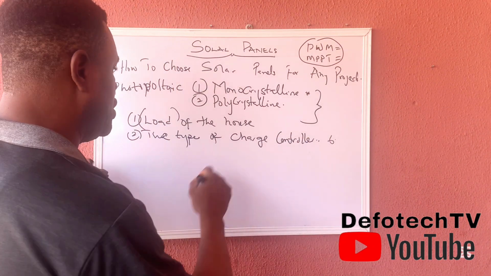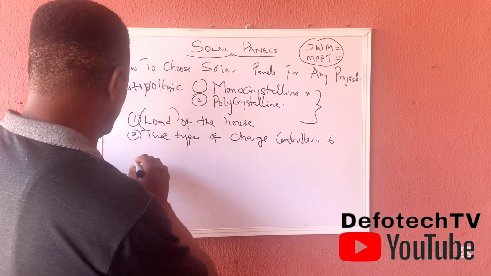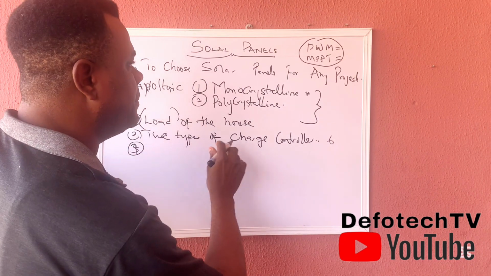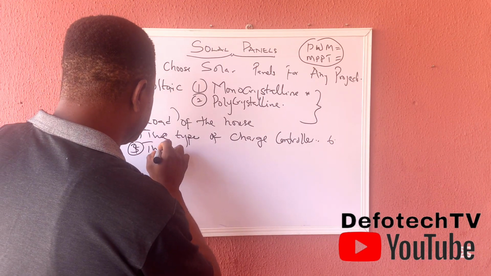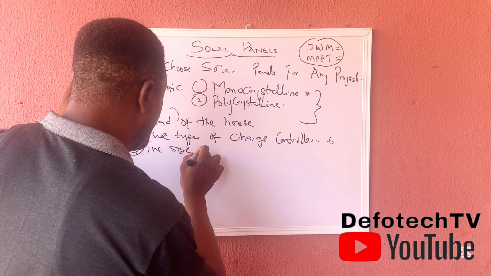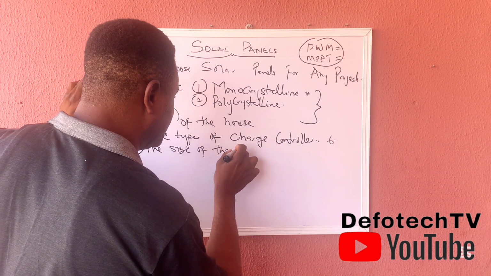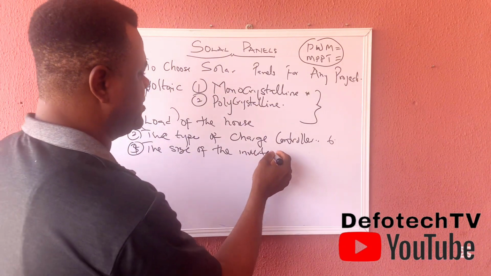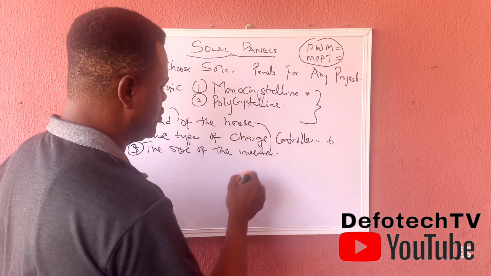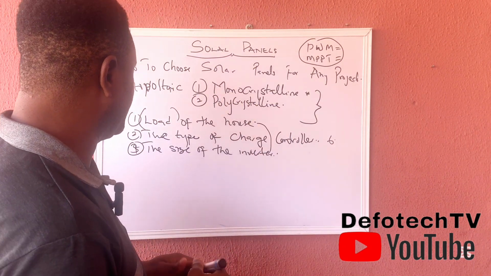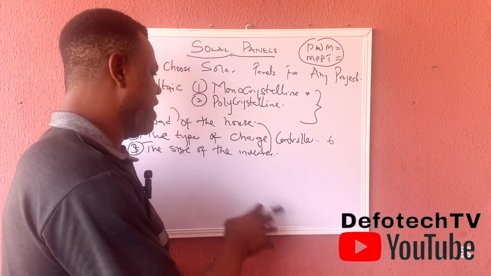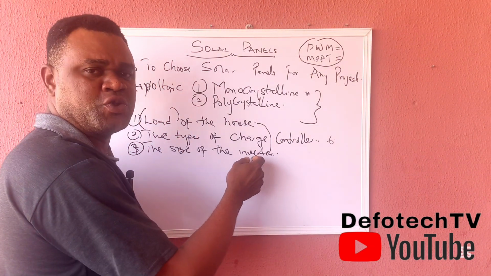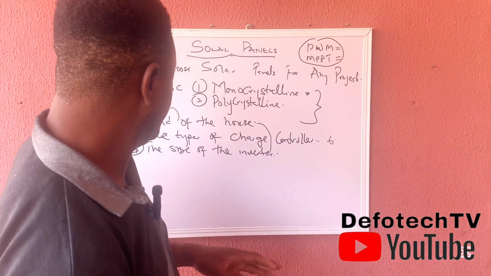Then also, we need to look out for number 3, the size of the inverter. Now, this should be directly proportional to the load of the house, because as the load increases, the inverter size also increases.